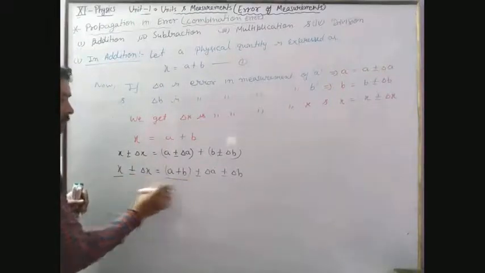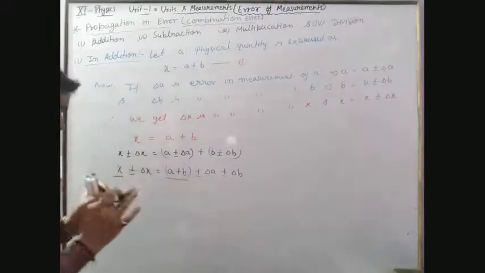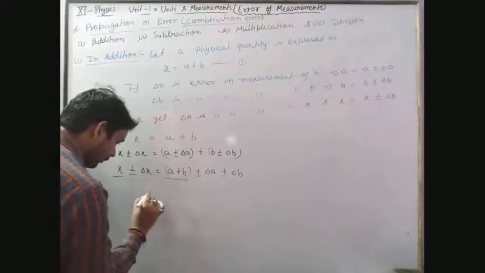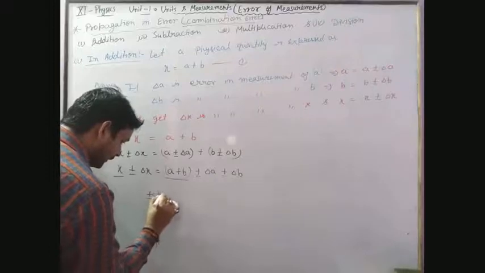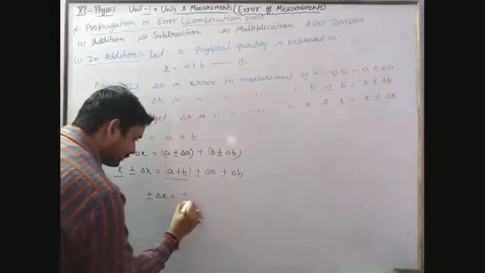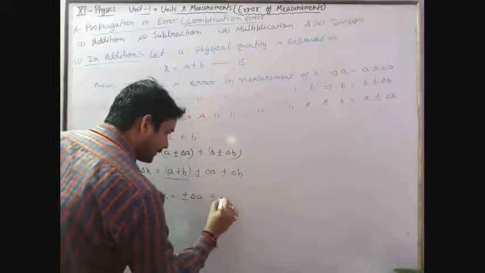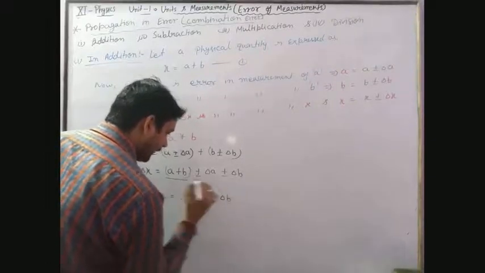Now we take out from here the errors in the measurement. Therefore plus minus del X is equal to plus minus del A plus minus del B.